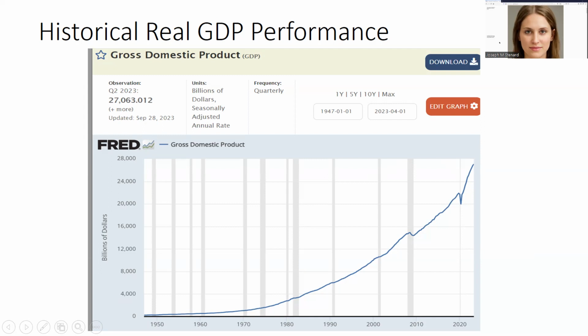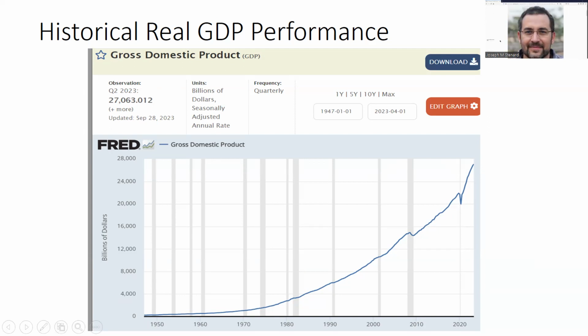We had an annualized GDP of $27 trillion in the United States. This was updated September of 2023, which was still in the third quarter, so we don't have numbers here that include the third quarter yet, right? Not until they've crunched the numbers.